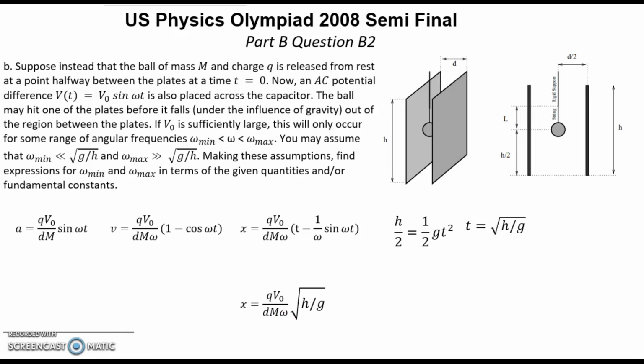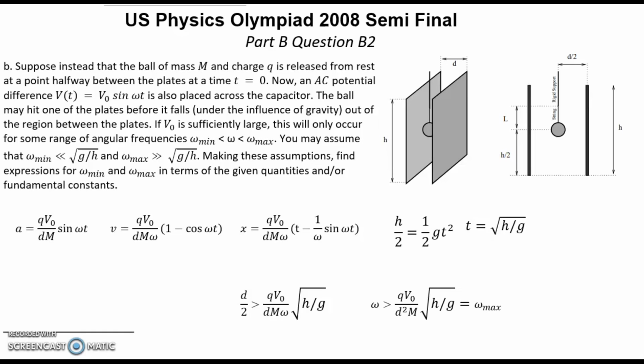So we have the total distance is this one, and now we can estimate that this distance must be less than d over 2. We have d over 2 greater than this expression on the right side, and from this inequality we can find omega, which must be greater than something.